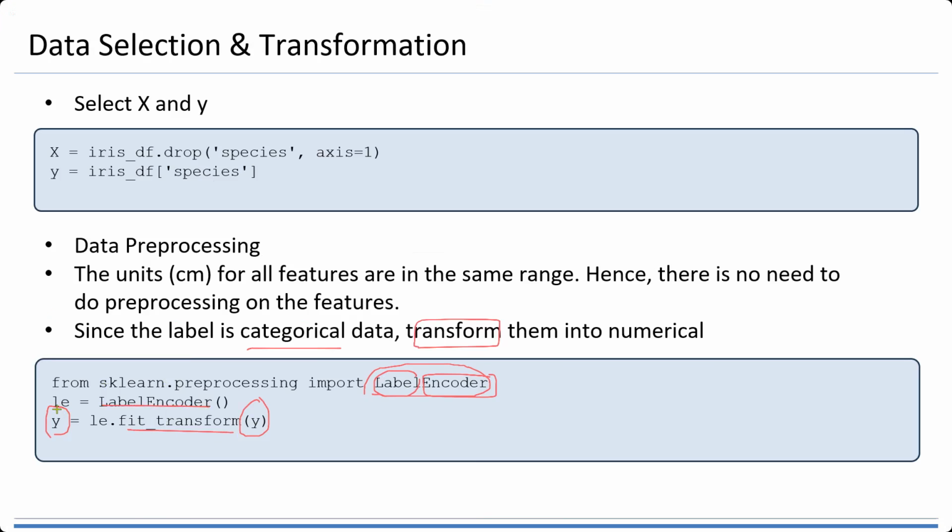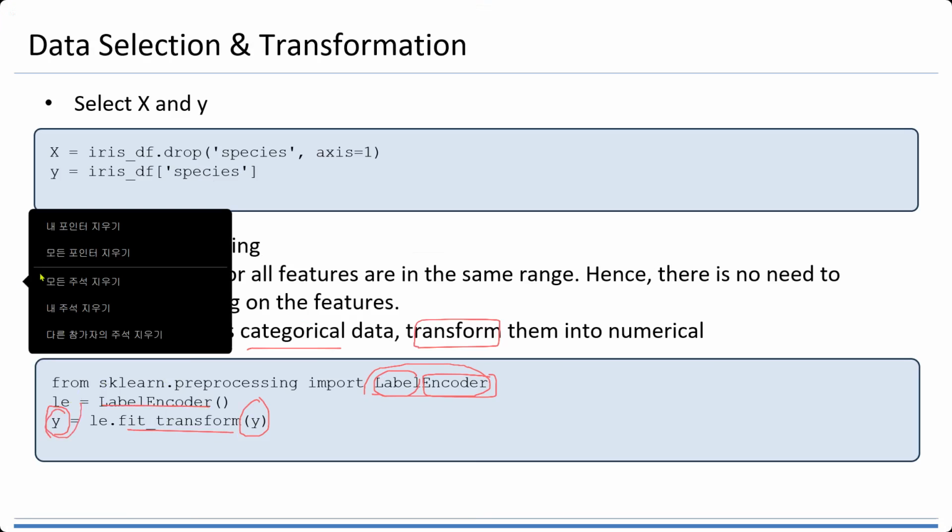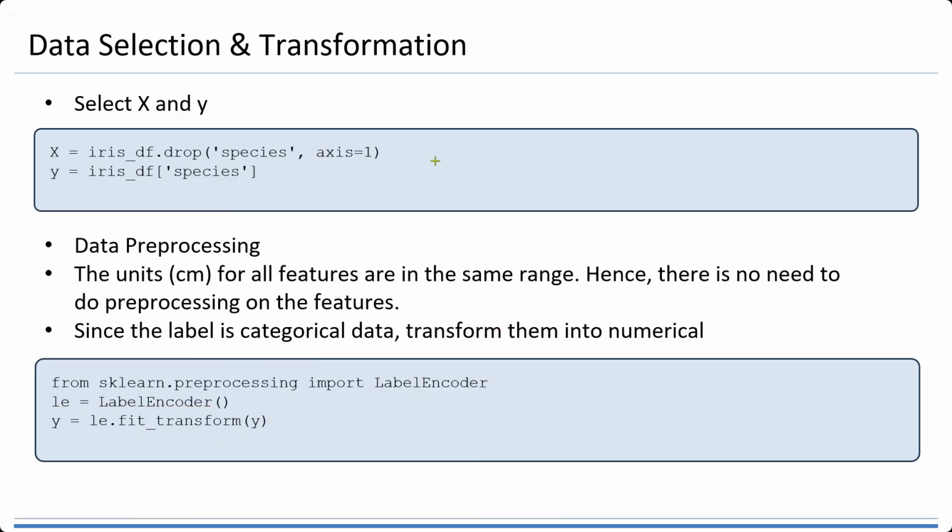Then the value of y, we will check, setosa will be 0, maybe virginica will be 2, and versicolor will be 3, something like this. Then the values will be 1, 2, and 3.